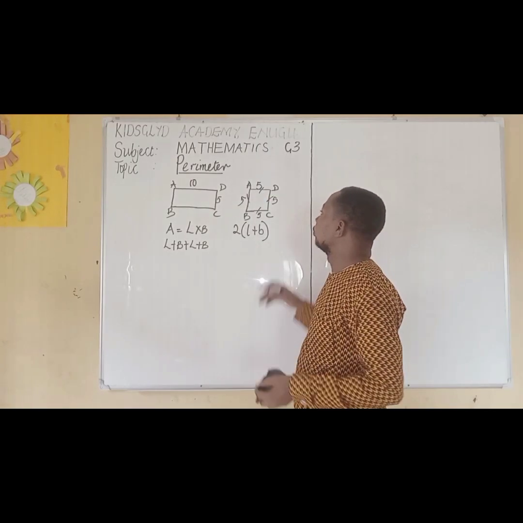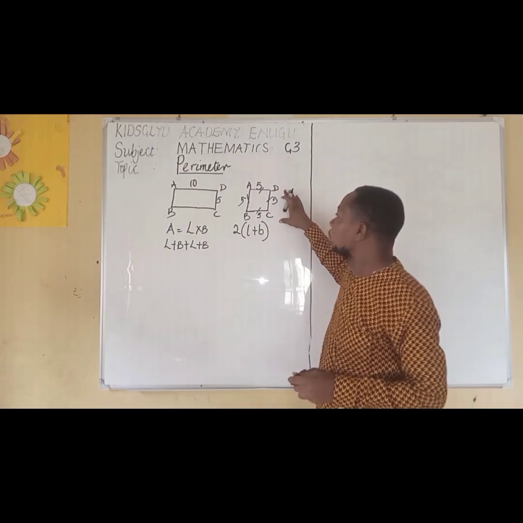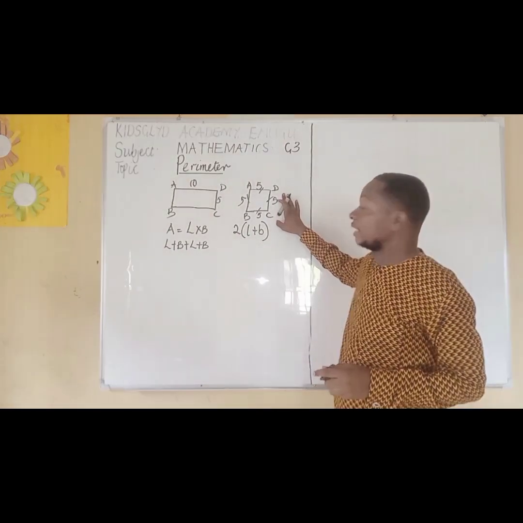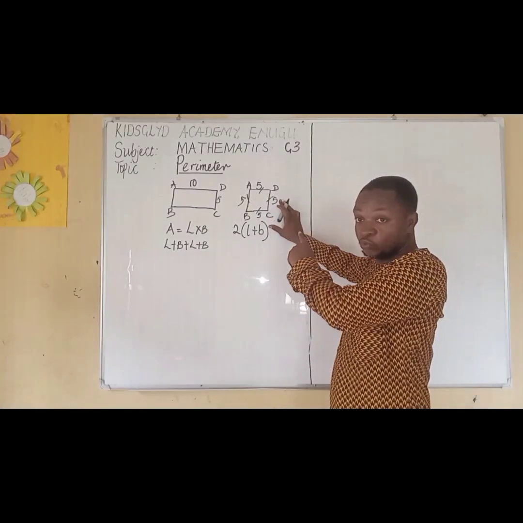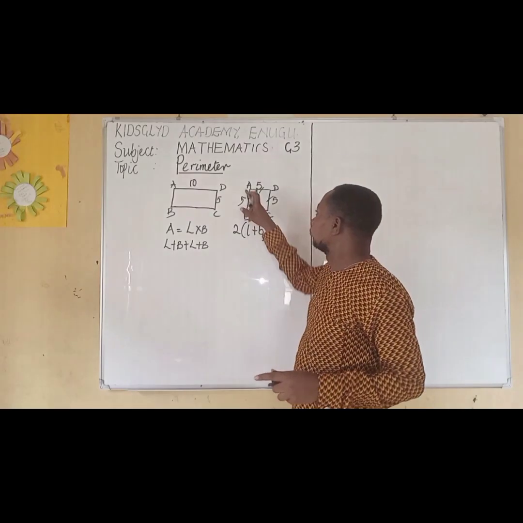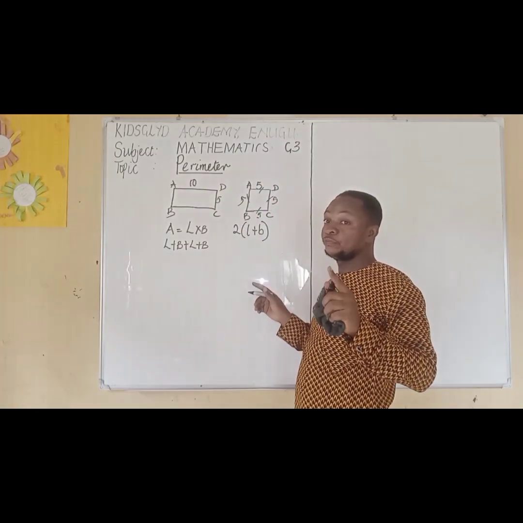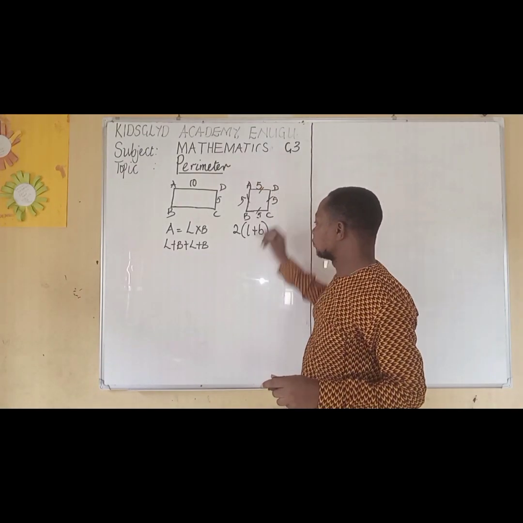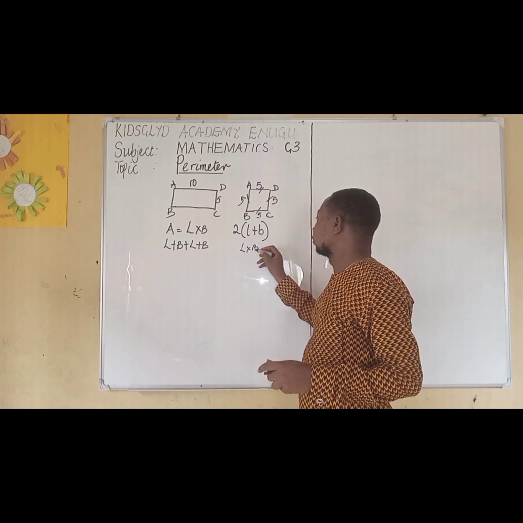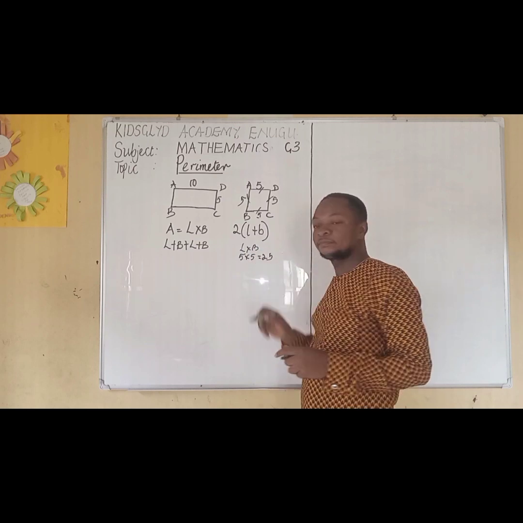So when you are looking for the area of a square, let's finish with the area here. Just like we say length plus breadth plus length plus breadth, not all numbers will give you the same answer. For example, length times breadth, L times B, that means 5 times 5, which is equal to 25.